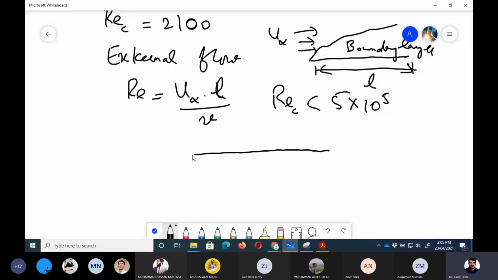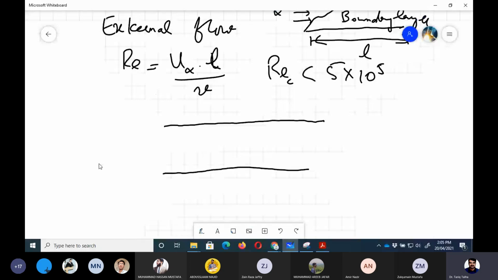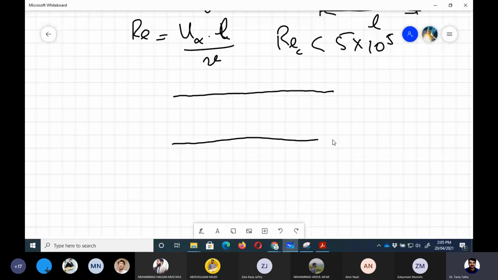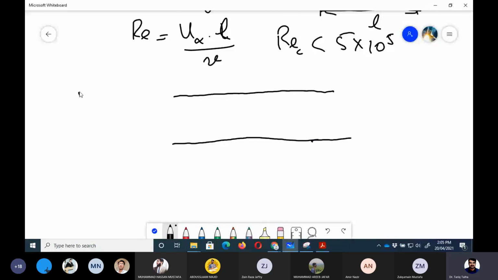If this is a pipe, we could also give you some introduction of boundary layer. So if we say that U infinity was 10 meter per second, so the flow was coming from here at 10 meter per second, right?